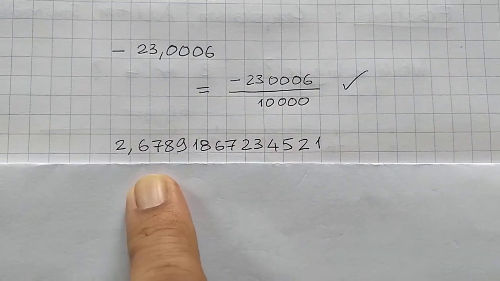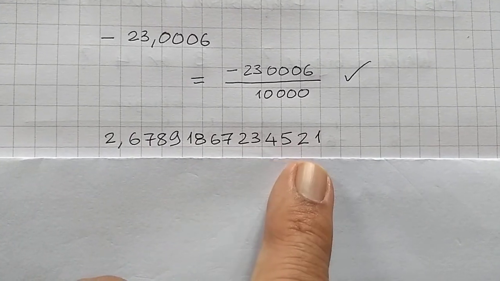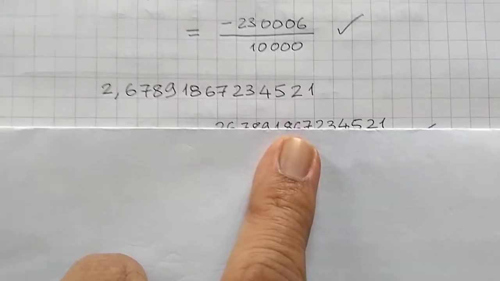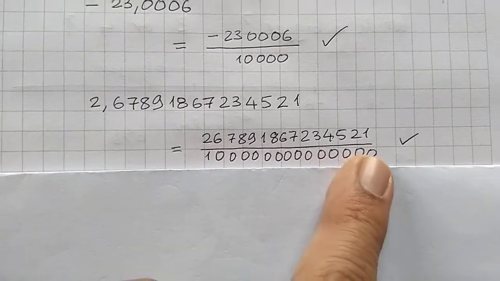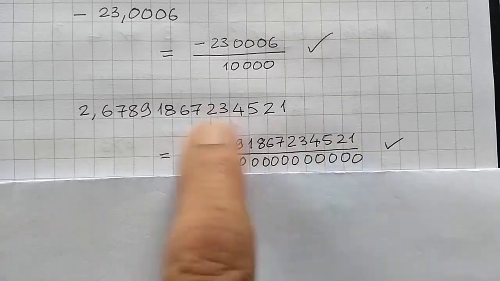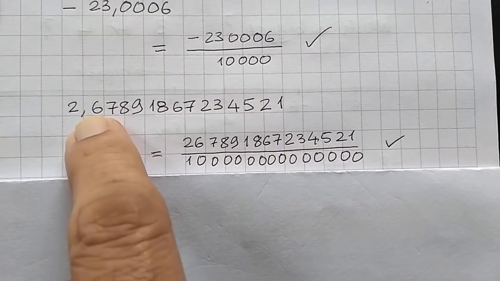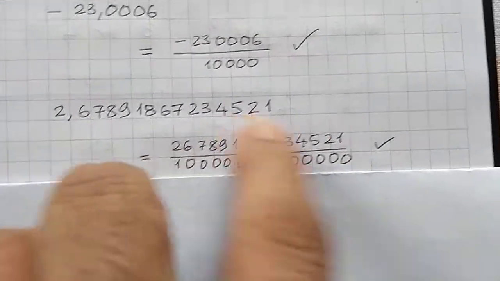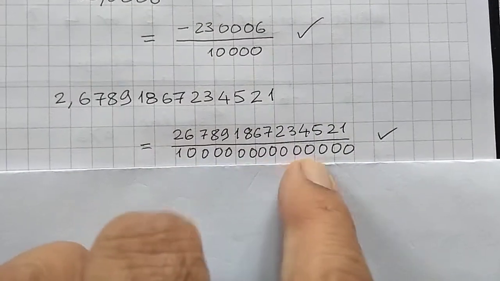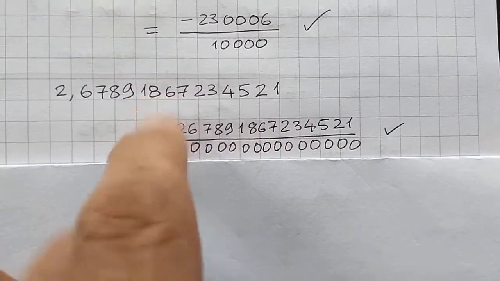What about this? 2.67891867234521. Well, if we take this, we can also divide it by this long number, 1 followed by so many zeros. This number divided by this number will give us that. And again, because both of these are integers, on top and bottom, numerator and denominator, this is a rational number.